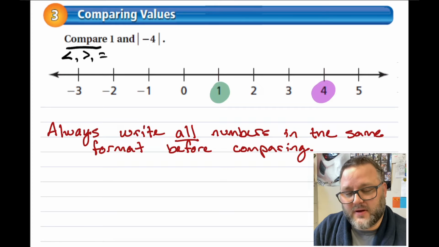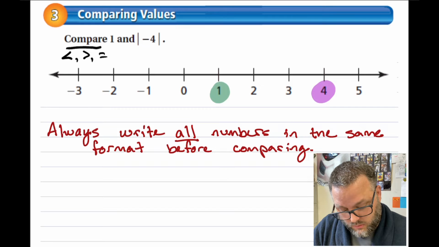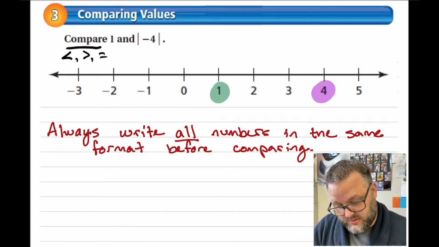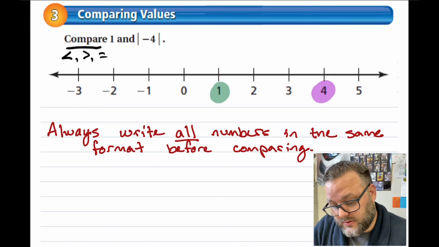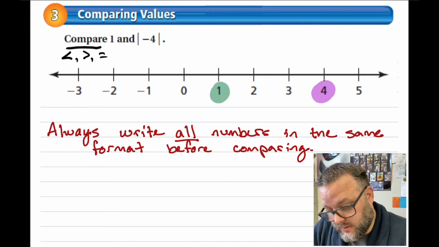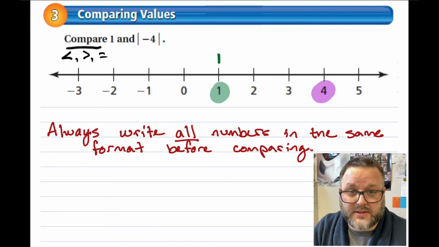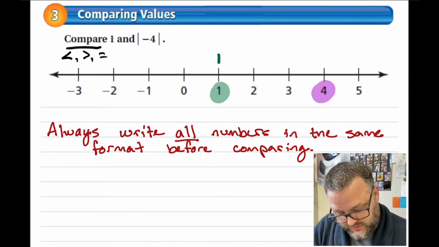See, we can actually find the absolute value of -4. So what we do here is select the right coloring there so it's color coordinated. So 1 matches up with 1. That's pretty simple. We don't have to do anything there. 1 is 1. No change.